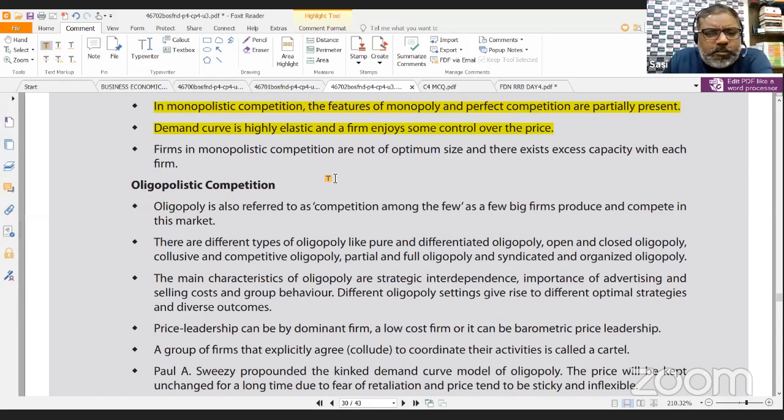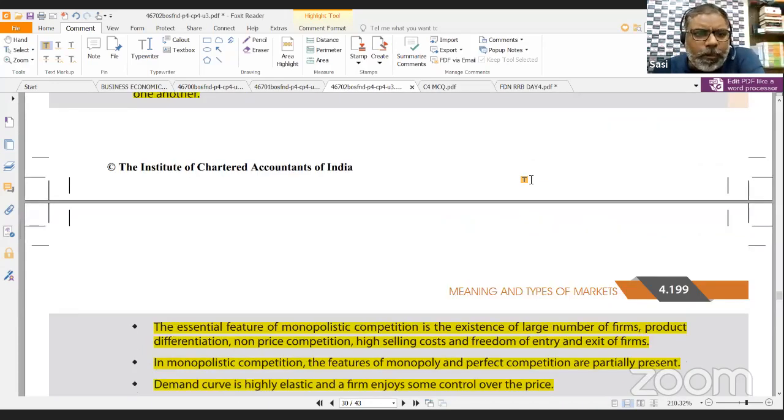Maybe we can shift to a lemon-based soap or aloe vera-based soap. It is not going to make a big difference. So price elasticity is relatively high here. And once again, monopolistic competition firms do not necessarily operate at optimum size. That is why there always exists excess capacity with each firm. These are the features of monopolistic competition.